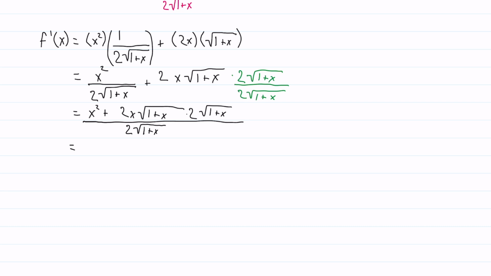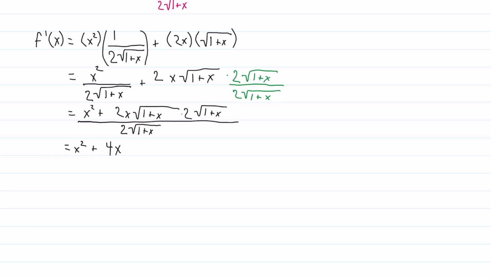Now we can simplify this even more. 2 times 2 is going to be 4. And we have the x. And root 1 plus x times root 1 plus x will just give 1 plus x. So we can write that down as just 1 plus x divided by 2 root 1 plus x.